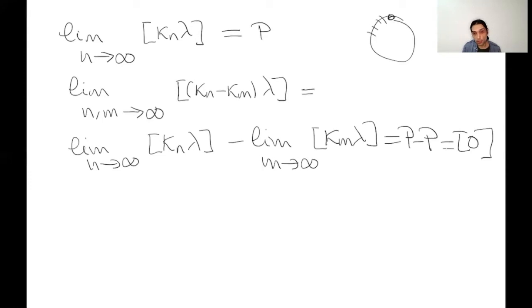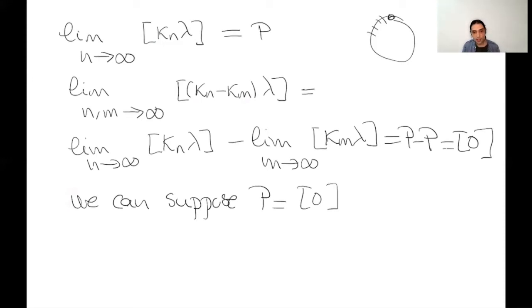Okay, so the neutral element of the group. So in particular, by using this trick, by changing the kn's by differences of the different kj's, we can suppose that this p is actually the class of 0. And so that we have a sequence of different elements that go to 0.